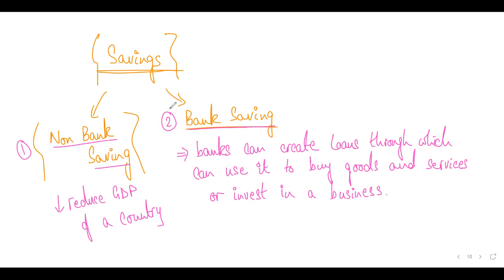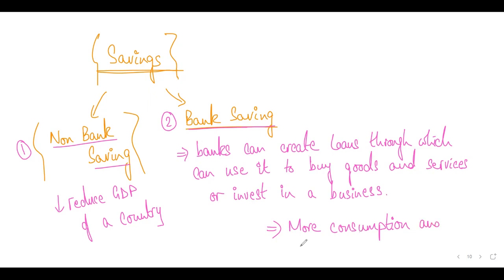Because they want to start their own business, or let's say they want to buy some goods and services. Now, in that case, there is increase in GDP. In this case, more consumption, or more investment. Are you getting me? We have just seen that aggregate demand is made up of C plus I plus G plus X minus M. So when you are putting your money in a bank account and banks are issuing loans through your money, then that will create more consumption.